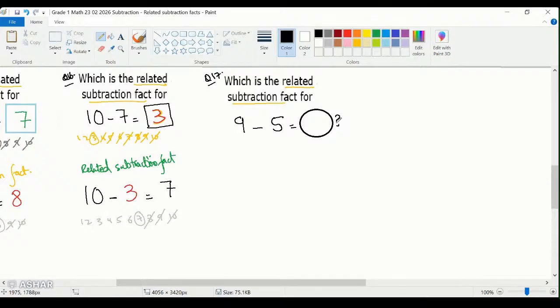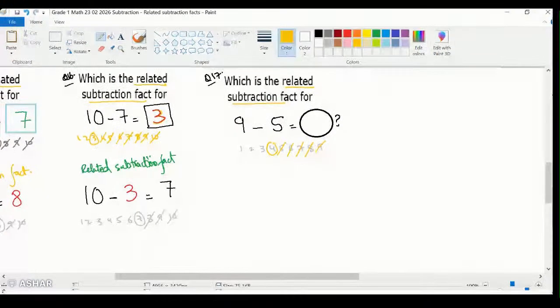So what is 9 minus 5? We can write the numbers 1, 2, 3, 4, 5, 6, 7, 8, and 9. If we remove 5 numbers from it, we are left with, 9 minus 5 would be equal to 4, right?